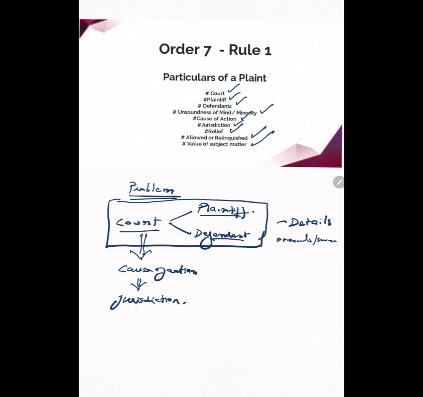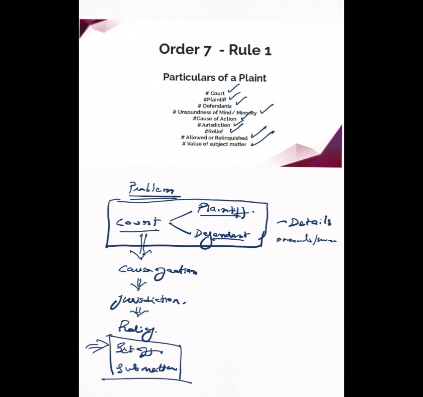Why did you go to a court which has jurisdiction? Because it is from there that you will get relief. And the last two points are technical: if there is any set off which you have allowed, and the subject matter. This is a slight trick with which you can memorize the essentials that have to find a place in the plaint.